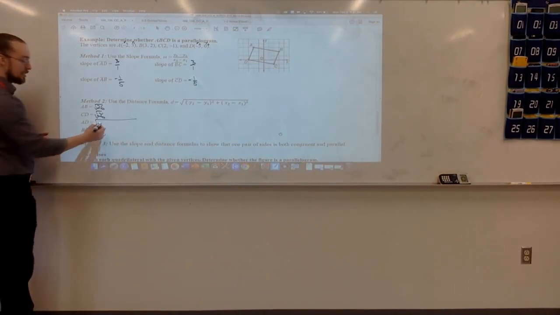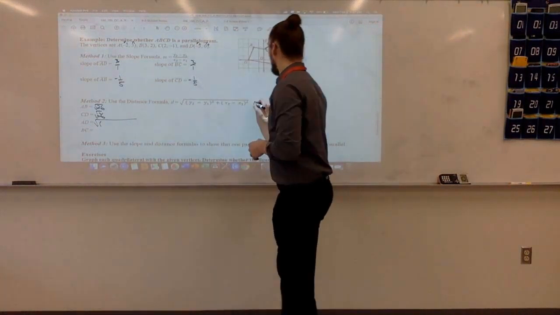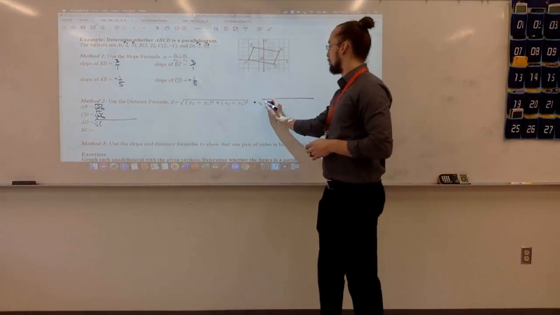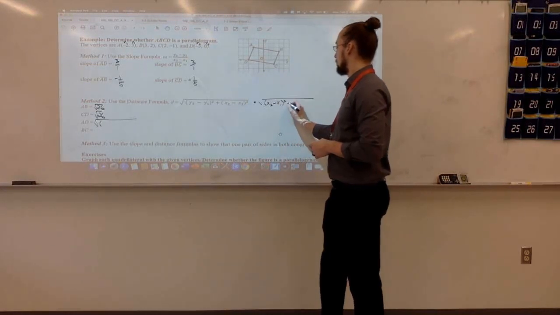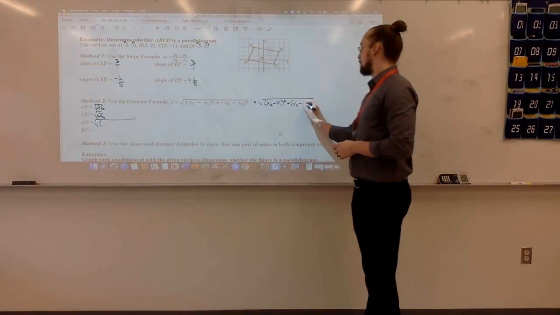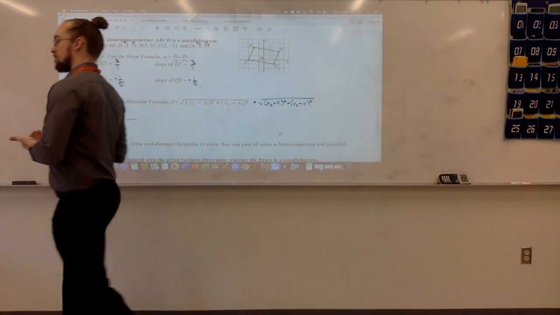So for AD, and remember our distance formula, because we're more accustomed to writing it as x2 minus x1 squared plus y2 minus y1 squared. But both of these are the same thing.